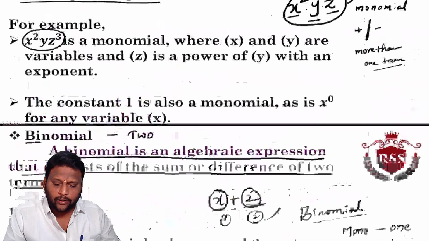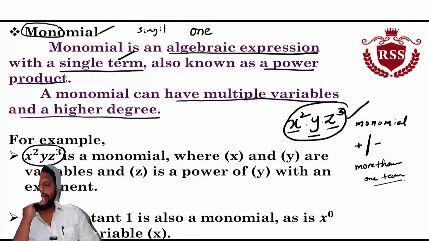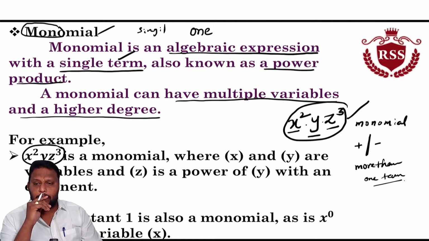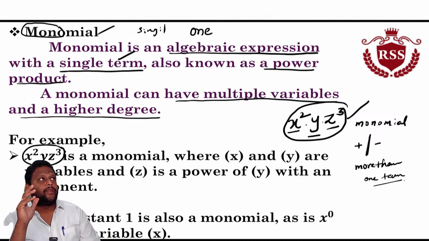Right. Today what we have discussed, depending on the number of terms in an algebraic expression, the algebraic expressions are divided into so many types: monomial, binomial, trinomial. Monomial means having only one term. Binomial means having two terms.